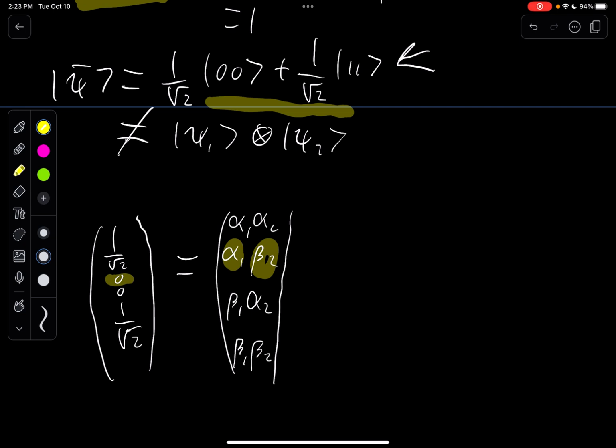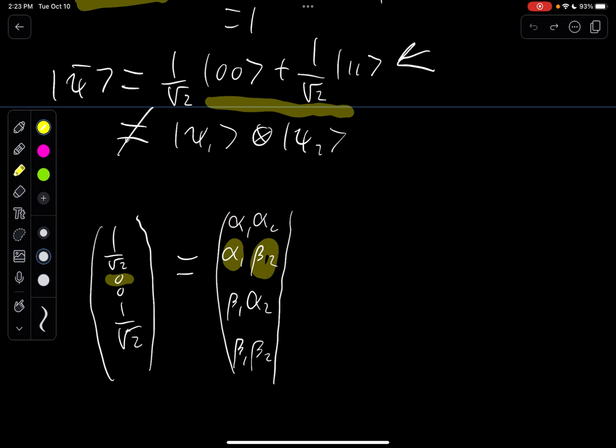That is impossible. So let's assume that alpha 1 is 0. Well, if alpha 1 is 0, then this term here should also be 0. Right? Because we have a 0 number multiplied with some other number, that should always equal 0. But this number here is definitely non-zero.